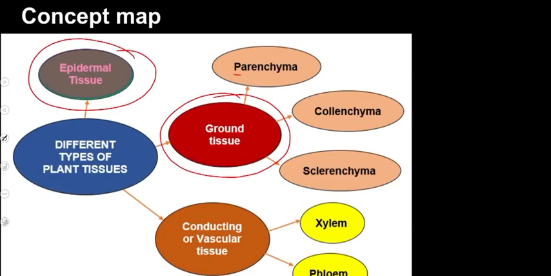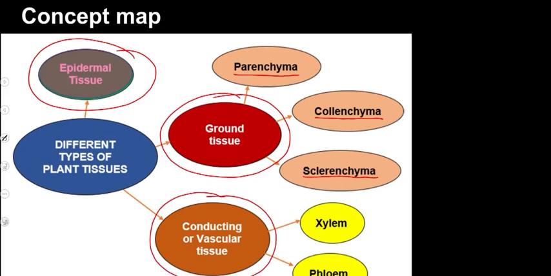We had looked at parenchyma, big cells, food stored inside them with thin walls. Collenchyma, which has walls that are thickened in corners, and sclerenchyma, which had walls that were thickened all the way around. The last type of tissue we need to look at is the conducting tissue.